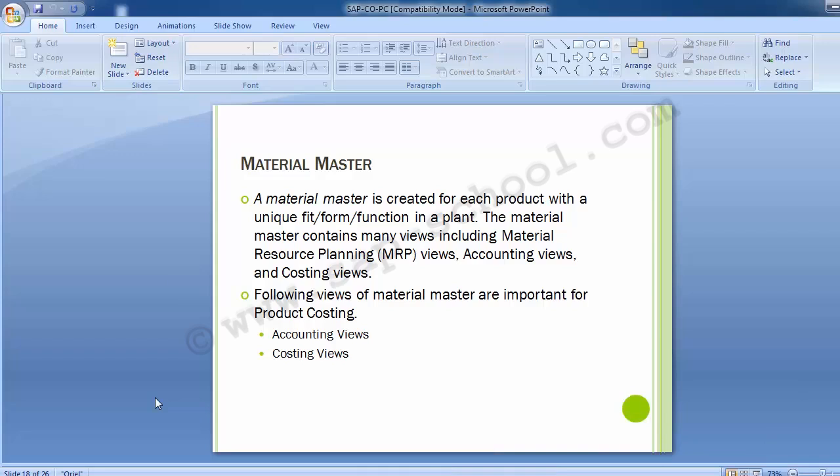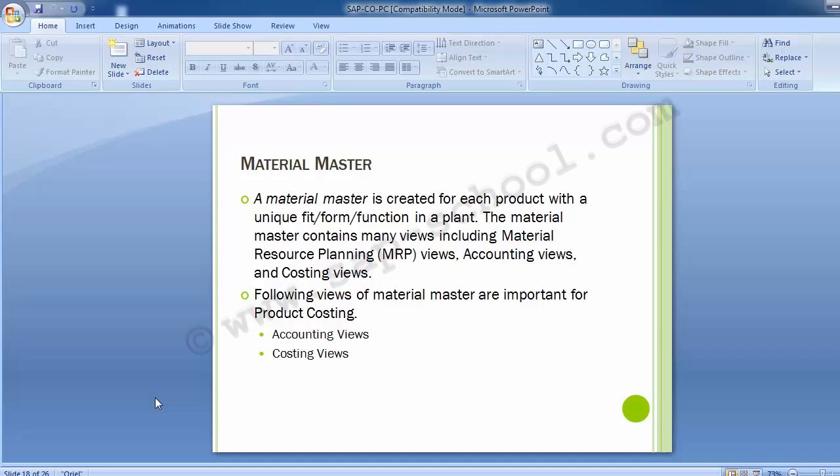Two costing relevant fields on MRP2 view are procurement type and special procurement key, which need to be maintained in the MRP2 view tab.